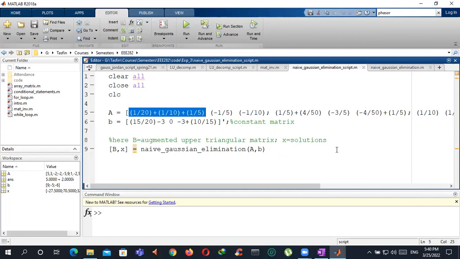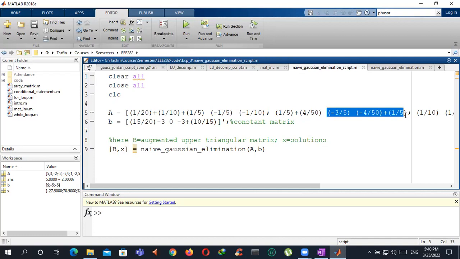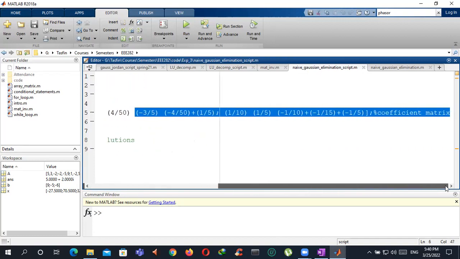We get this type of coefficients when we apply nodal analysis, 1 over something, V by R. These are the coefficients for the coefficient matrix: first coefficient, second, third, and we have the other rows.